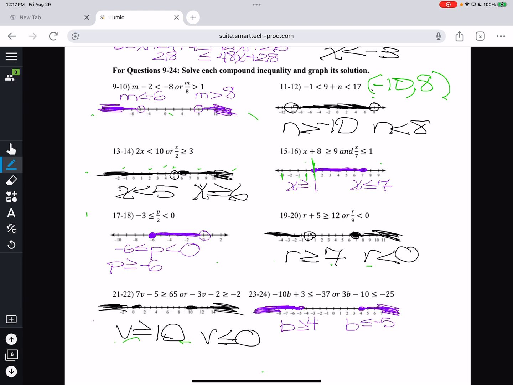Please quit writing or doing whatever it is you're doing. Thank you. What answer did we come to on 1718? Nobody sees a number that was filled in? P is greater than negative 6. What's on our number line? First thing. Negative 6. Was it part of the solution? Is it a filled in? Yes.